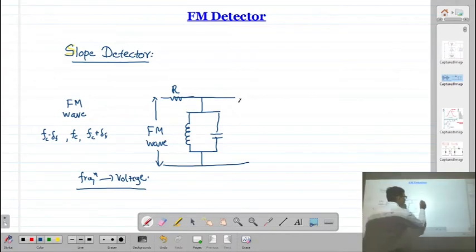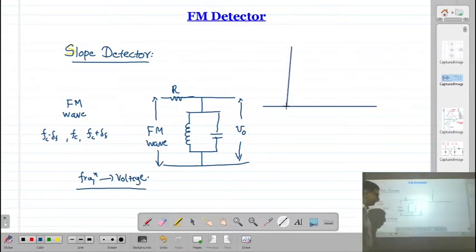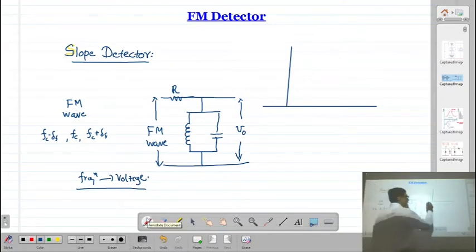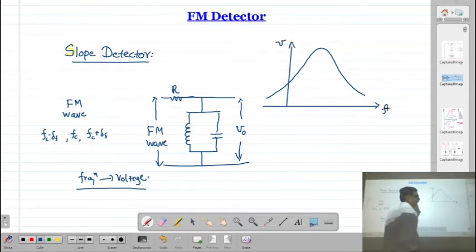If you measure this voltage, then you will find that the voltage is going to change in this way. In a resonance circuit, we know that the curve is like this. This is my voltage axis, and this is the frequency axis.